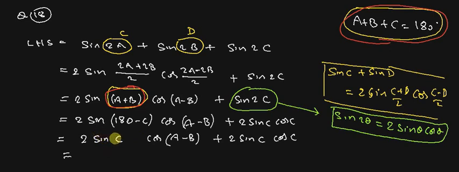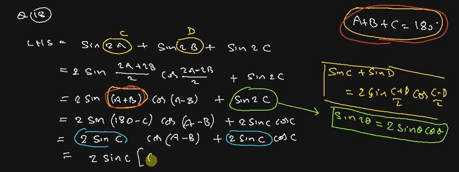Look at this 2 sine c, and in the second term also 2 sine c. So in this step you will find two different terms. The first term is 2 sine c cos of a minus b and the second is 2 sine c cos c. Both have the common term 2 sine c, so just take it out as a common factor.